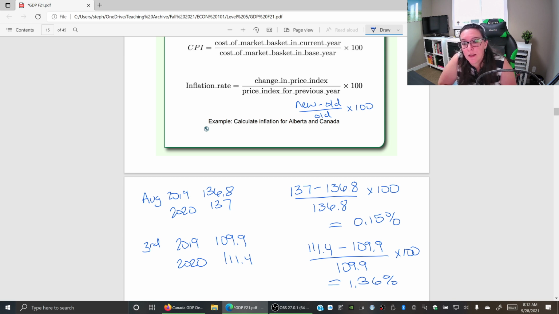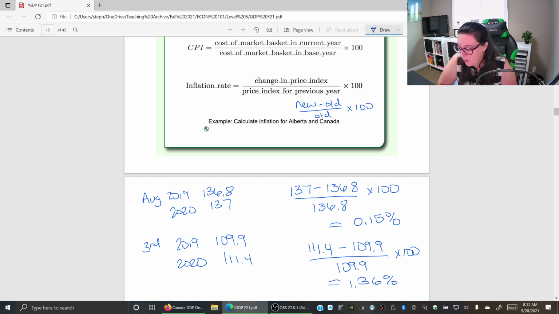So notice here that with the GDP deflator, we have 1.36% inflation, and with CPI, we have 0.15% inflation. So that takes us back to the discussion we had in the previous video about the difference between the CPI and the GDP deflator. So what were the differences?